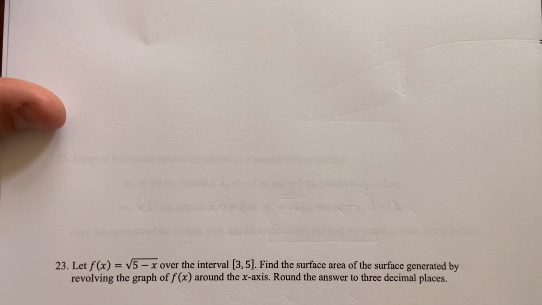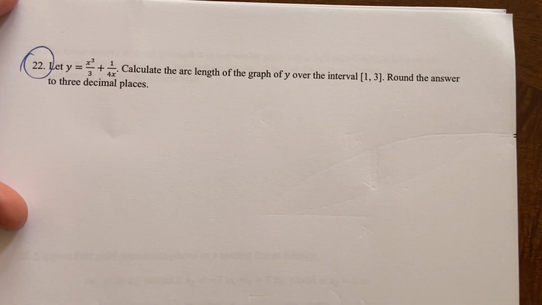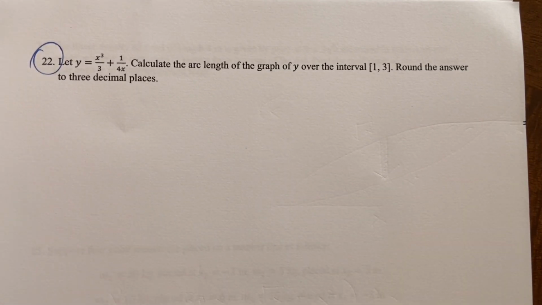So 22, I believe this is the last one I'm going to do. Okay. So it says, let y be this, calculate the arc length of the graph of y over this interval 1 to 3, round the answer to 3 decimal places.